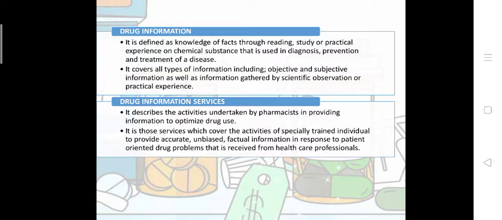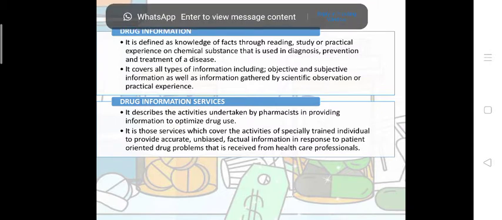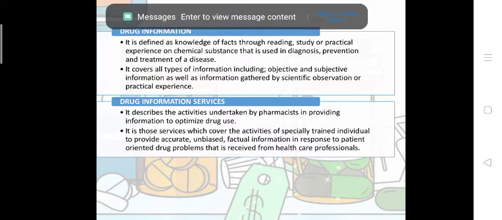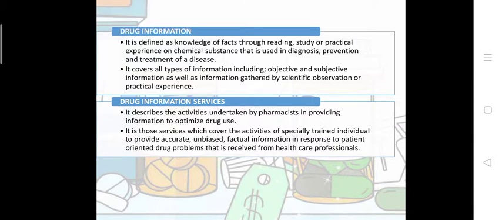If a pharmacist makes observations about a particular drug while treating patients, he gathers that information. Likewise, if clinical research has been done, they can gather the same, make a data set of that particular drug, and gather information from all perspectives, whether diagnostic, prevention, or treatment of diseases.